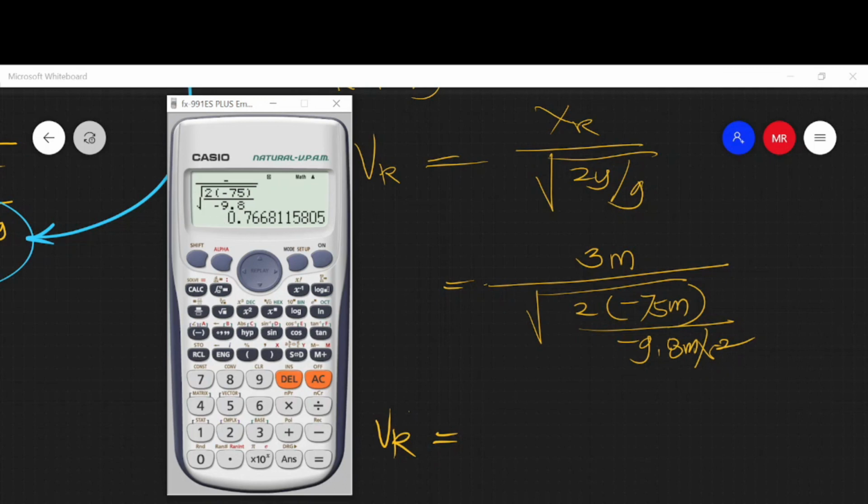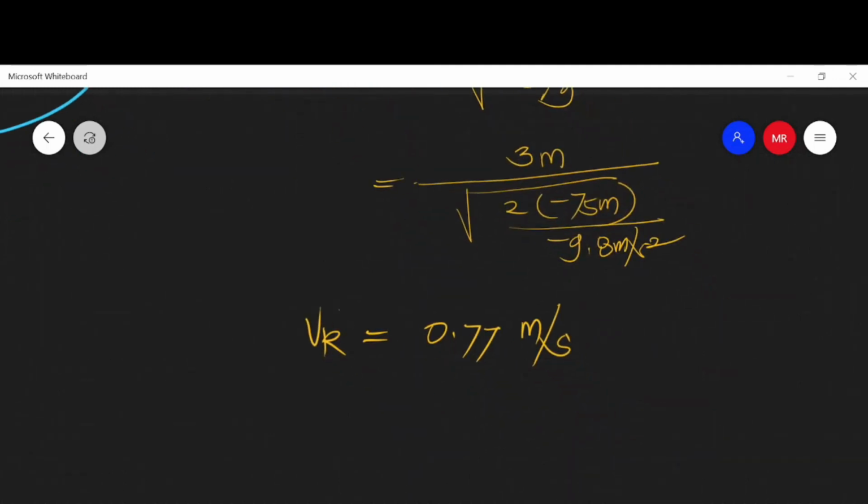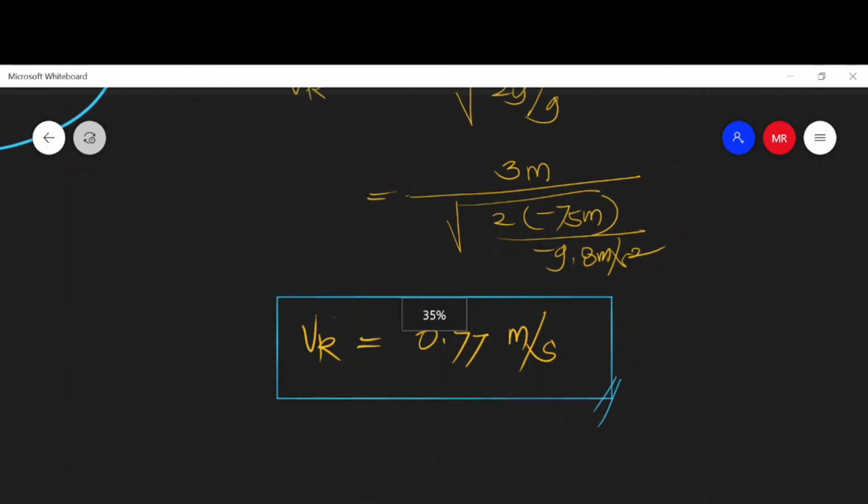The answer will be 0.7668, or approximately 0.77 meters per second. So this is now the velocity of the raft, 0.77 meters per second.